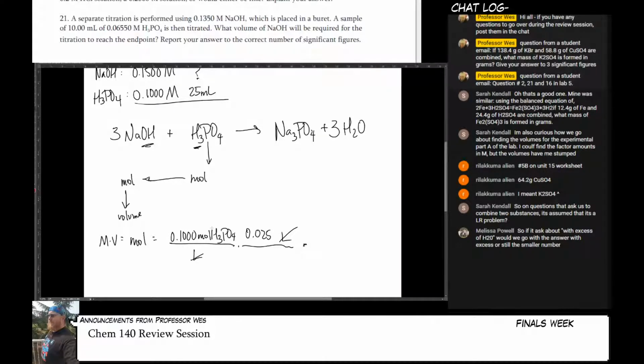I multiply this on my calculator: 0.1 times 0.025. Actually, I'm going to go back up here and change this. I'm going to make this 4 sig figs just so everything is 4 sig figs.